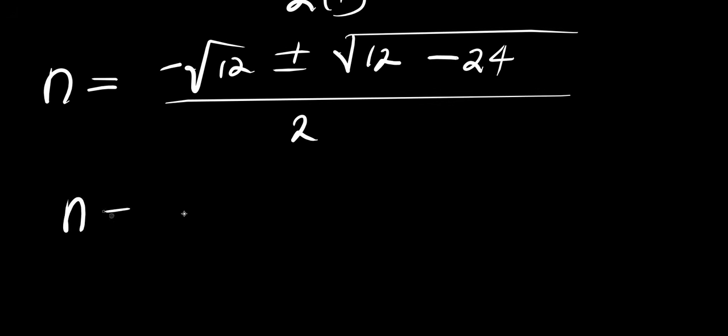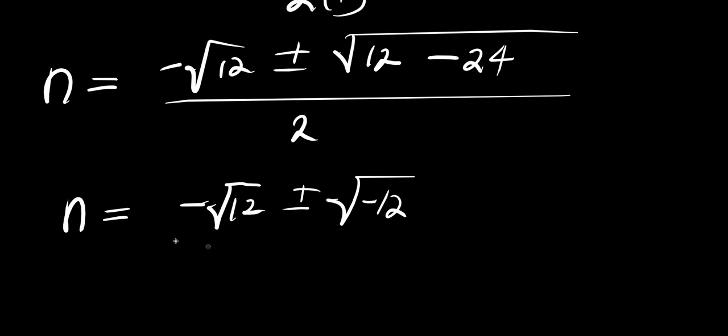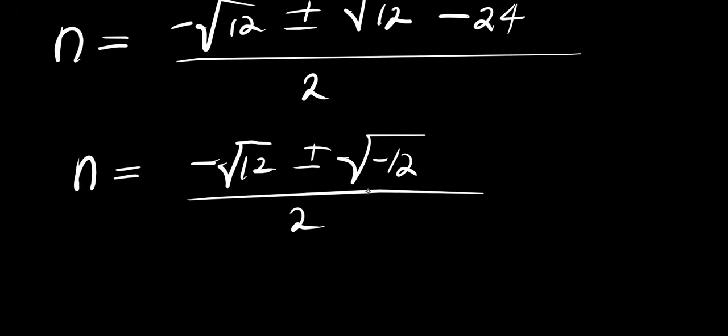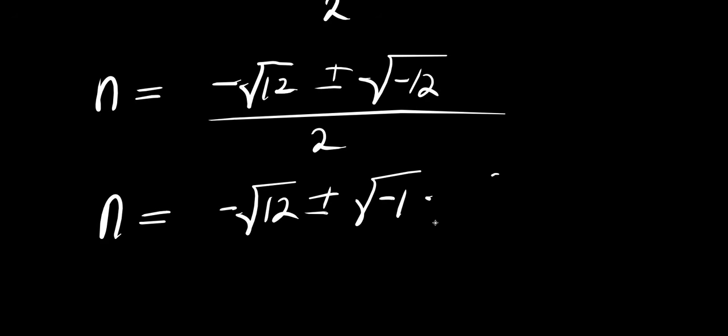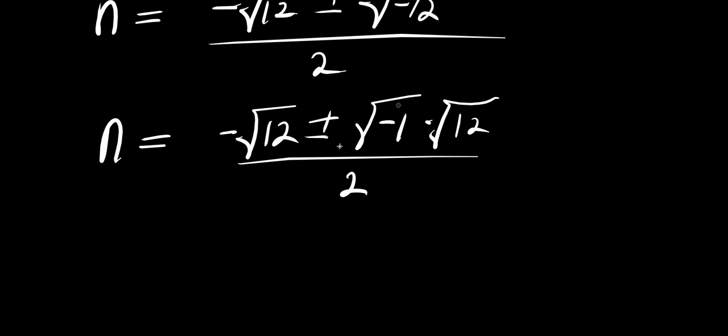So from here we have n equals negative root 12 plus or minus the square root of negative 12, divided by 2. So from here we have n equals negative root 12 plus or minus the square root of negative 1 times the square root of 12, divided by 2. So from here the square root of negative 1 is i.